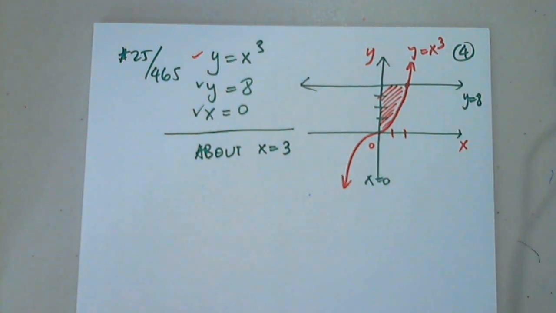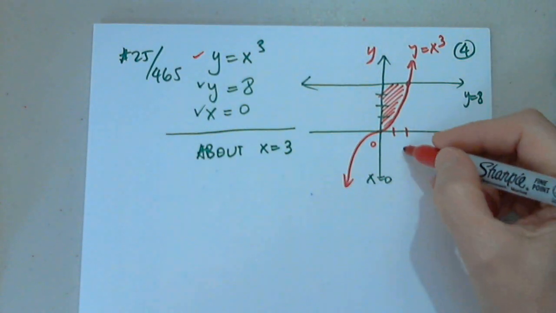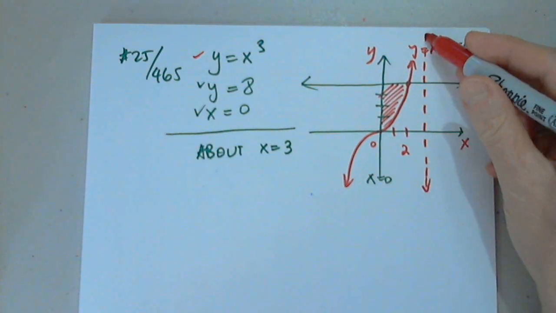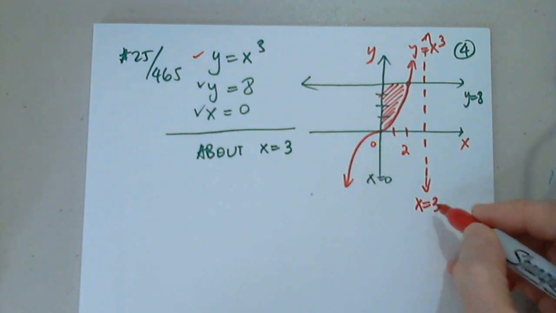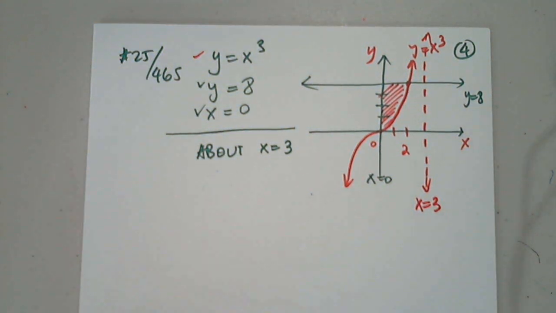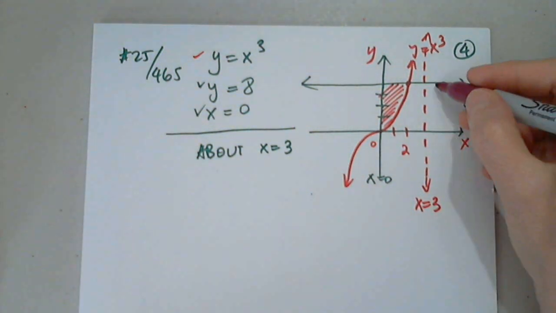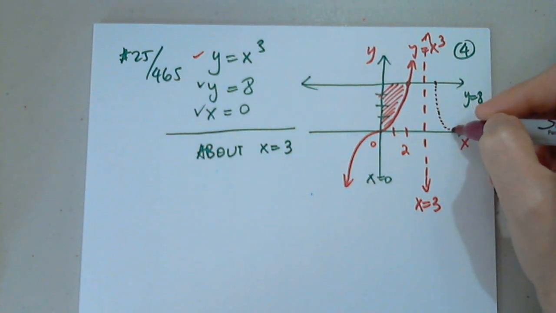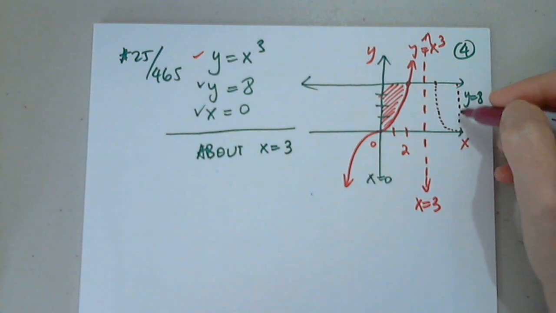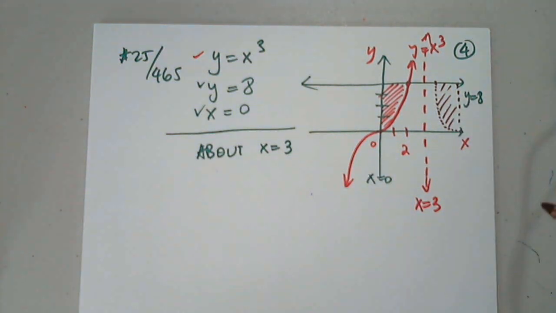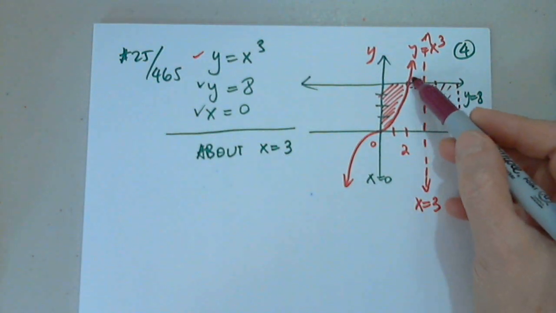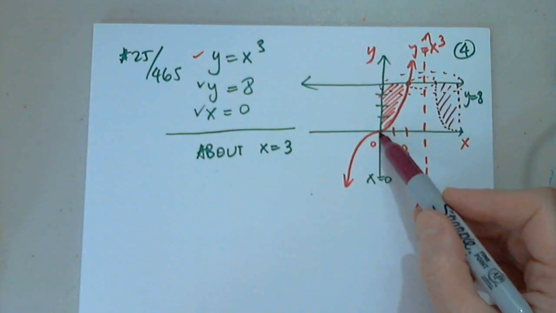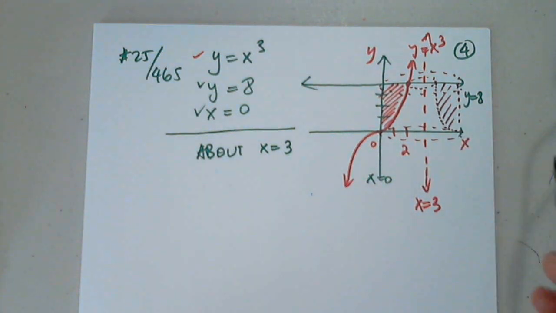They're asking us to rotate it about x equals 3. So this is 2. Here is x equals 3. So then on the other side of x equals 3, it will be something like this. And here is the solid when we rotate this area, and so on and so forth.